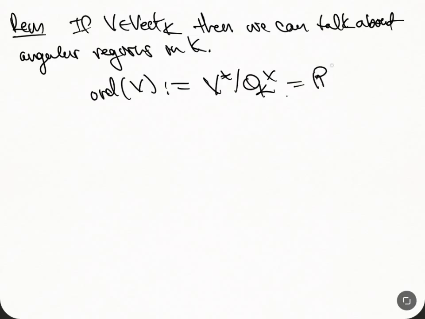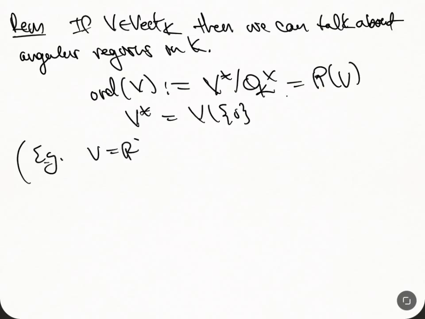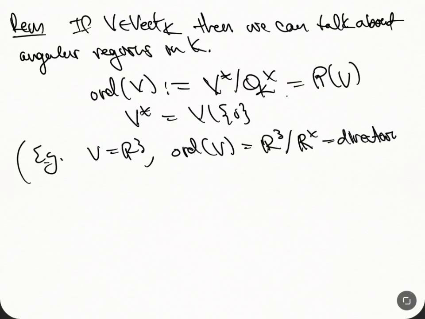So this is like the projective space of V. I'm just going to remind you that this is just V with the 0 element removed. If V is R3, then ord V is R3 minus R times, and so this is like the directions. So this is the directions and not the magnitude part.